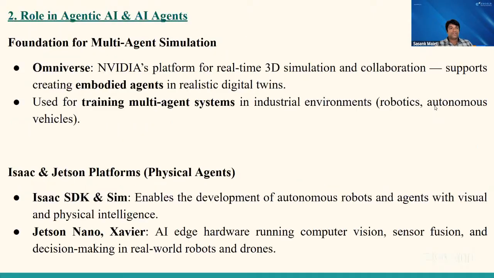Next is the role of agentic AI and AI agents, and how the company Nvidia is transforming or helping in the field of agentic AI and AI agents. Let us try to understand. The first one is multi-agent simulation.